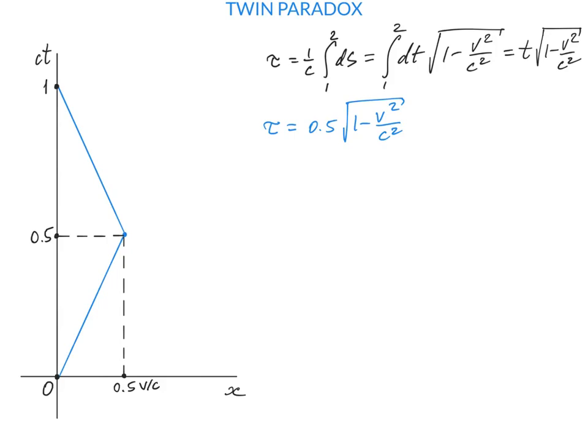And she would figure, well, Bob is moving away from me at velocity v, so Bob's clock at this time, when I'm here, has to show tau times the square root of 1 minus v squared over c squared.